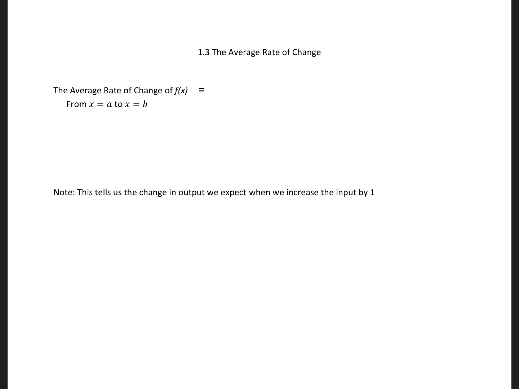To compute the average rate of change from x equals a to x equals b, there's two ways to think about it. The first one is to think about the change in output divided by the change in input. So that's how did our output change divided by how did our input change.